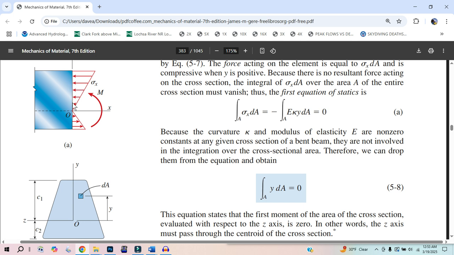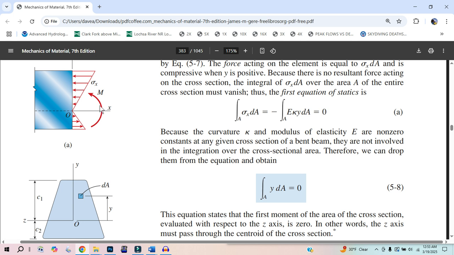But then when we do the integration, we go from negative y to y, let's say. And this little dF is going to be pointing that way. The integration is summing those little ones. So I'm going to have a little force that way and a little force that way, and I'm going to sum up all the little forces this way and all the little forces that way. And those sums, the negative ones and the positive ones, have to equal 0.